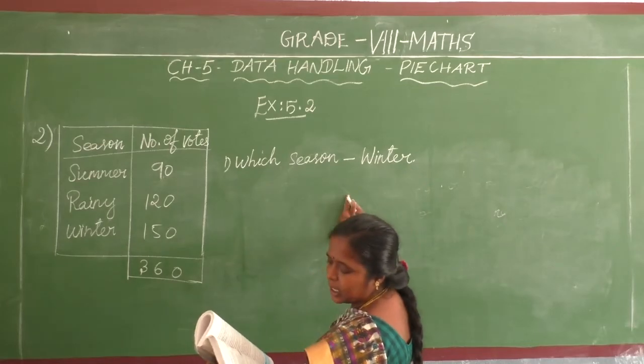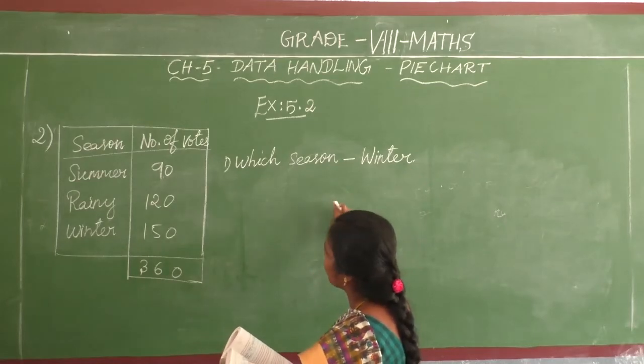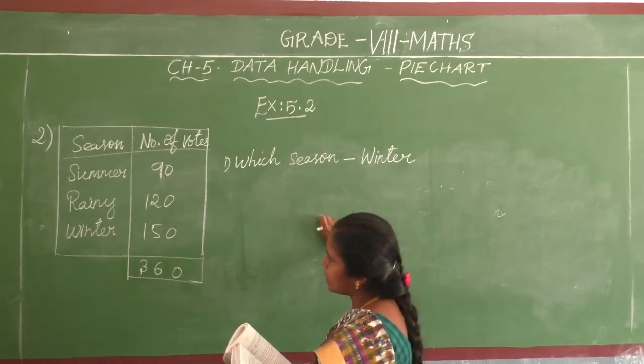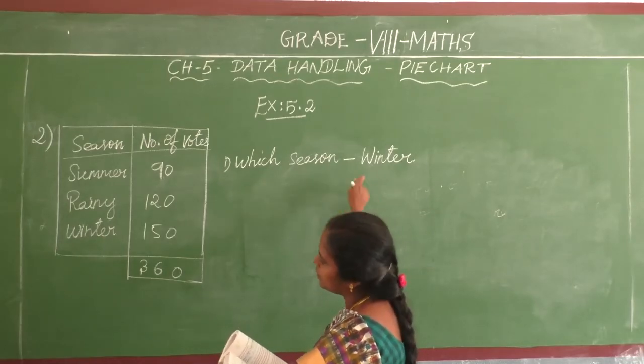So how do you write it? Winter season got the most votes. How do you write it? Winter season got the most votes.